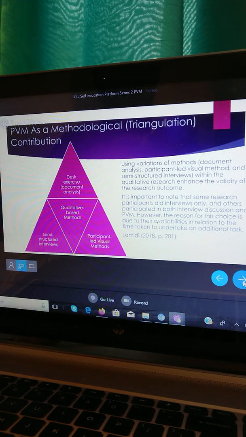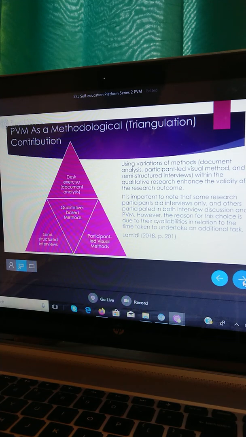And to mention, because you use a variety of methods, where is the contribution? How do you want to justify your point? You will be able to say and acknowledge that though you've asked your participants to take part in the diagram task, none of them are willing, due to time constraints or some other issue, to do the diagram, but they've taken part in the interview.